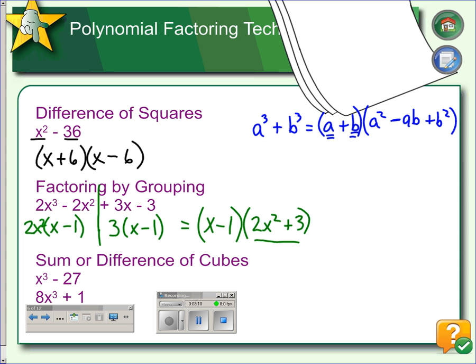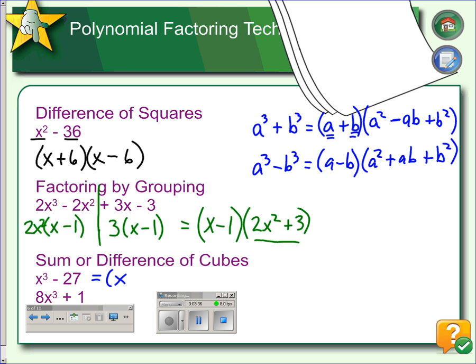If you're doing a difference of cubes, it's the same thing, only you have a subtraction. So this would be a minus b, a squared here. Switch the sign for your first sign here, which would be plus ab, and then this last one is always a positive.